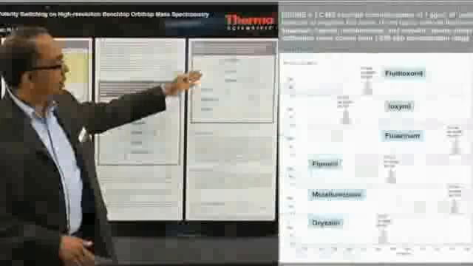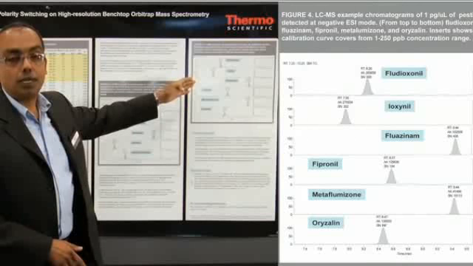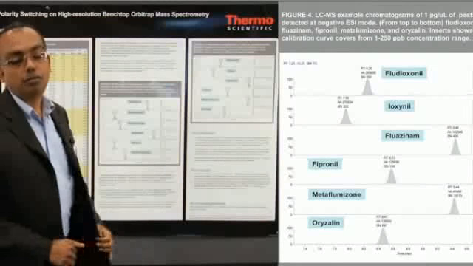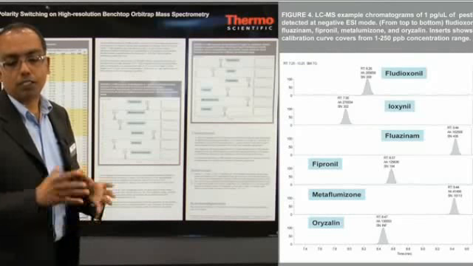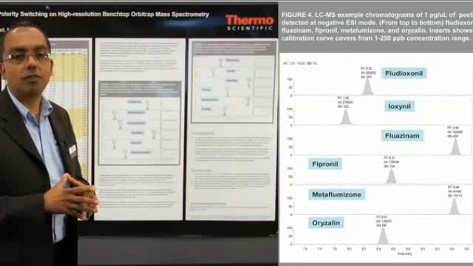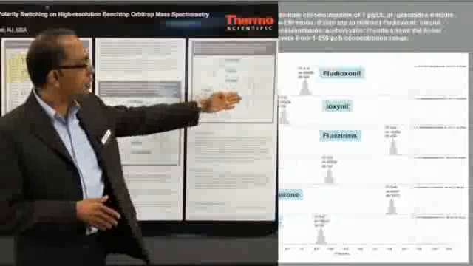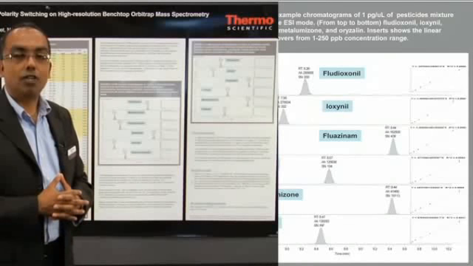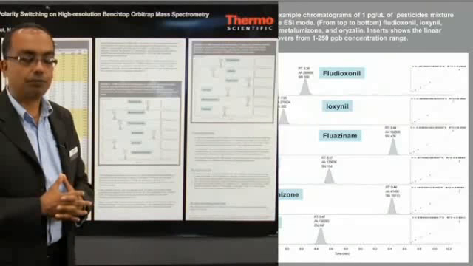Similarly, this figure here shows a selection of pesticides in negative electrospray mode. Again, the limit of detection is at 1 ppb, and the dynamic range is between 1 to 250 ppb. And on the right hand side here, we have the linearities for each of these compounds as well.